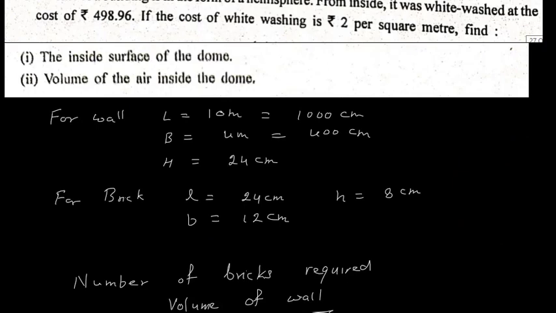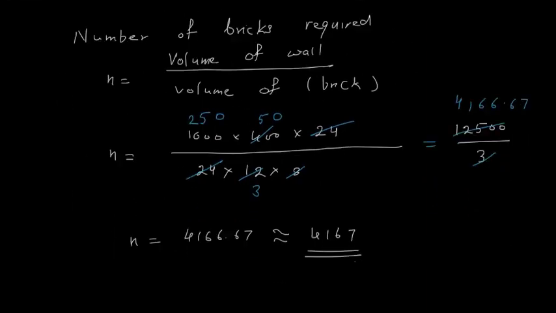Now the next problem is, we have a dome of the building is in the form of hemisphere. From the inside we have to whitewash. Cost is given. It was whitewashed at a cost of rupees 498.96. So total cost is given, and cost of whitewash is 2 per square meter.